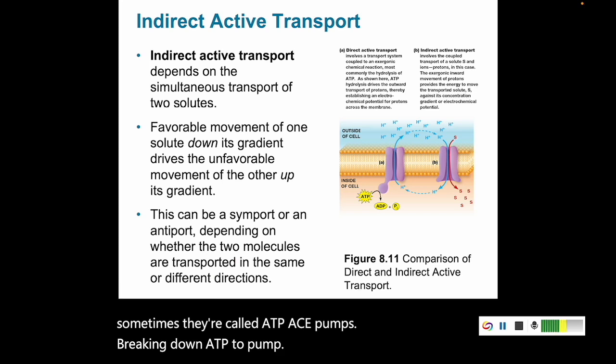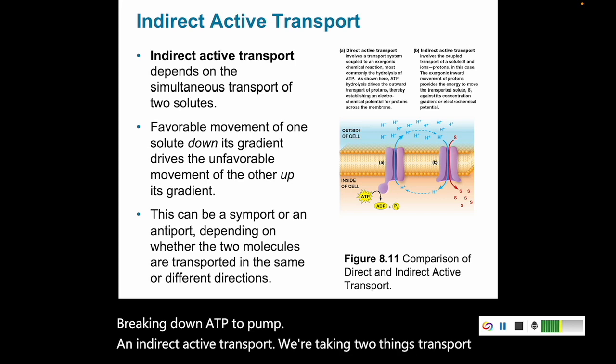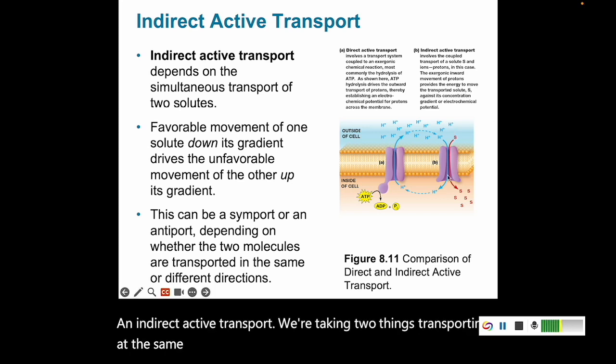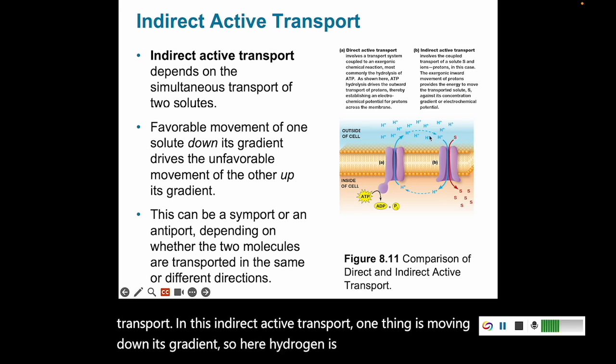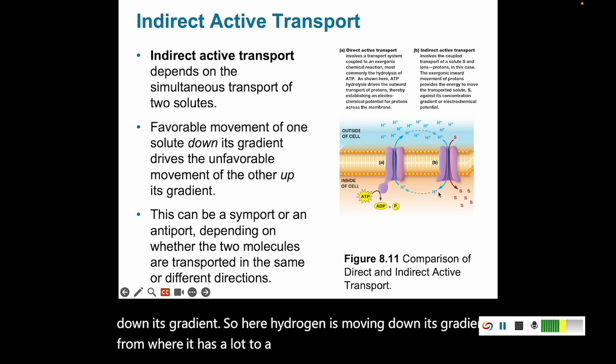In indirect active transport, we're transporting two things at the same time. So this would be an example of indirect active transport. Here, one thing is moving down its gradient. Hydrogen is moving down its gradient from where it has a lot to a little. And that allows another molecule to move up its gradient.